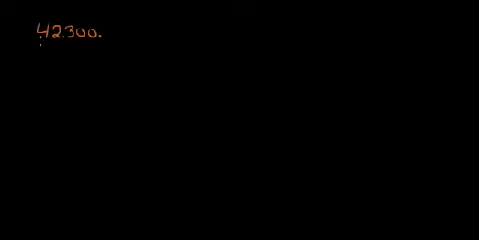Well, the first non-zero digit is this 4. So I have to move the decimal once, twice, 3, 4 times to get it here. So if I were to write that, I'd have 4.23 times 10 to the, again, 1, 2, 3, 4th.